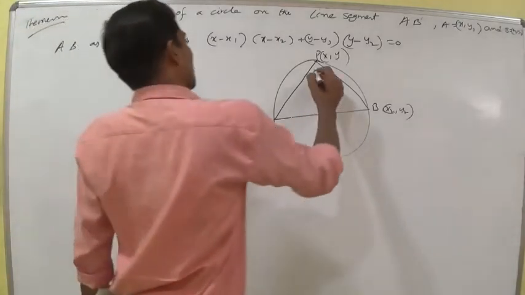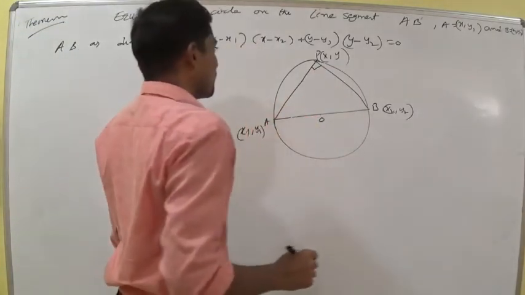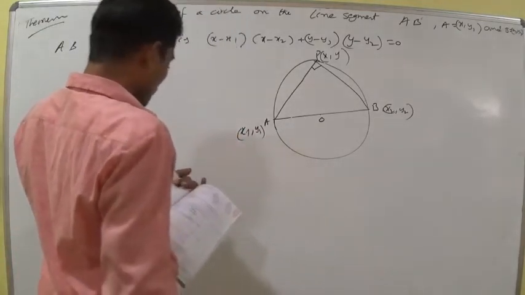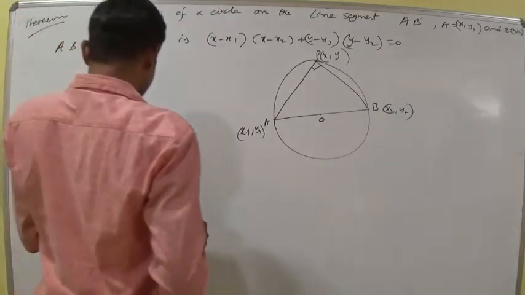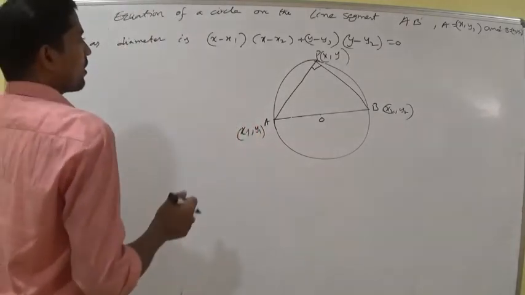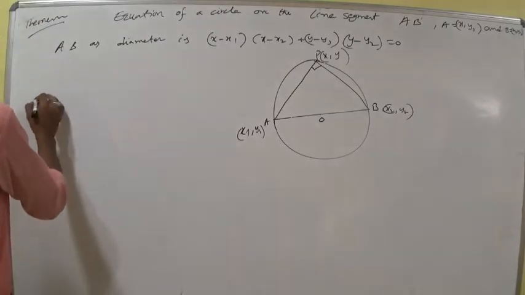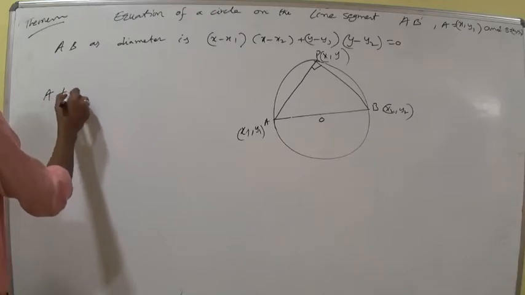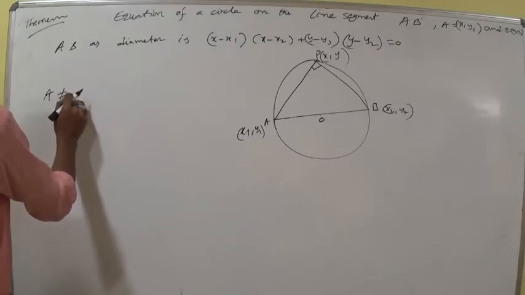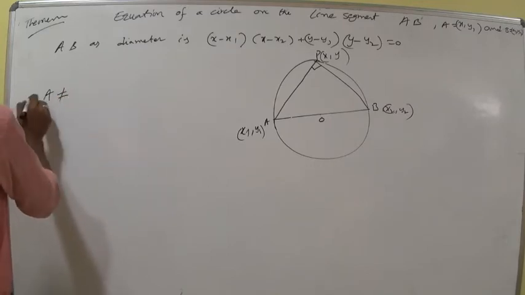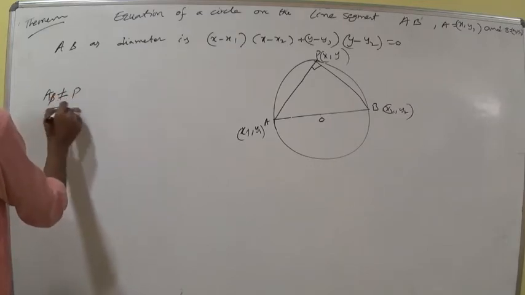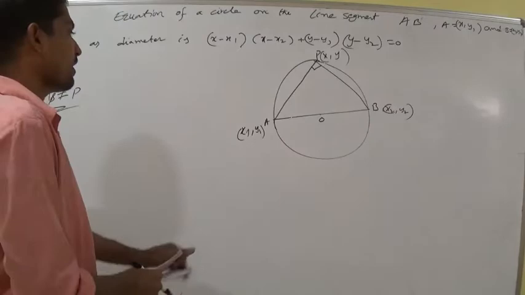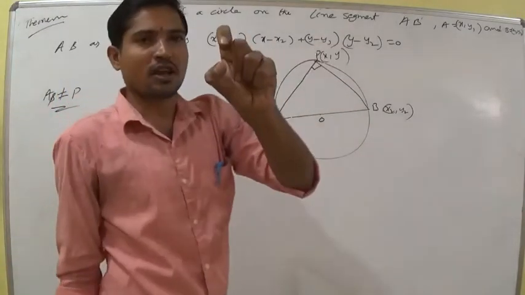Here let us suppose that AP is perpendicular to PB. Here A, B are not equal to P. That means A and B should not coincide with P.